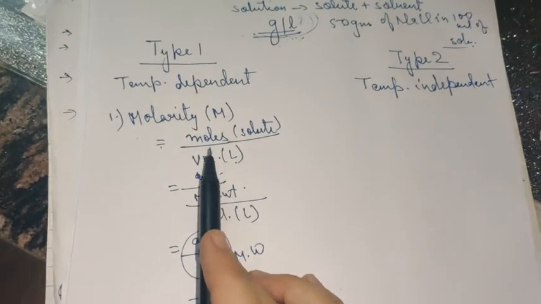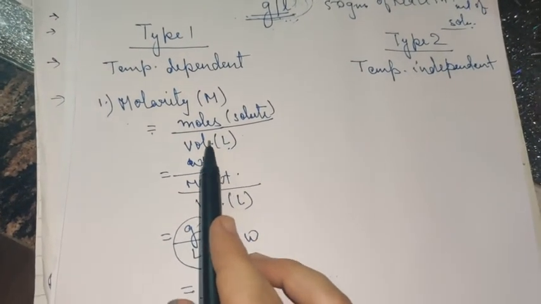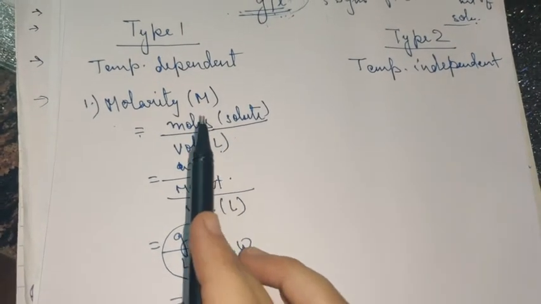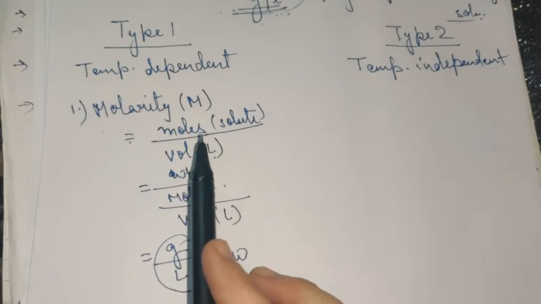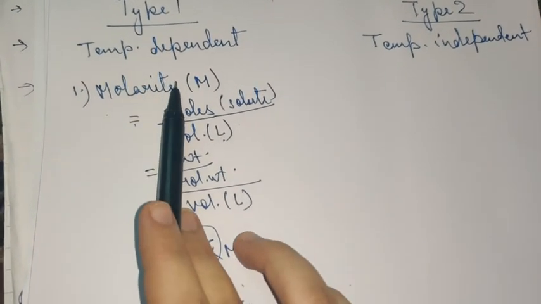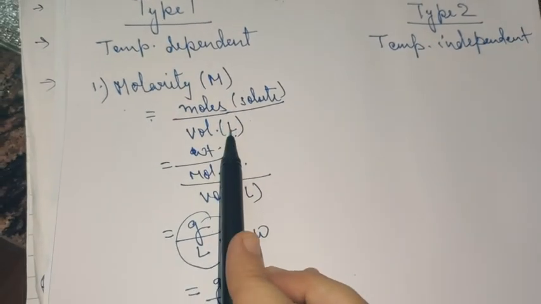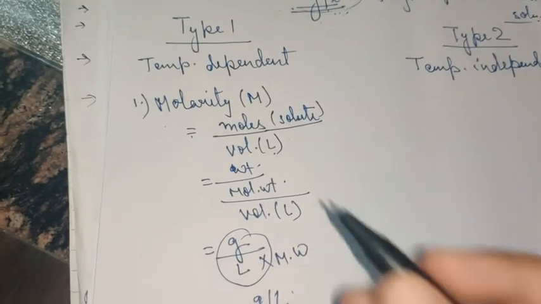Obviously, the volume undergoes expansion when temperature increases and contraction when the temperature decreases. So when the volume changes with temperature, the concentration will also change. So molarity is equal to moles per liter.